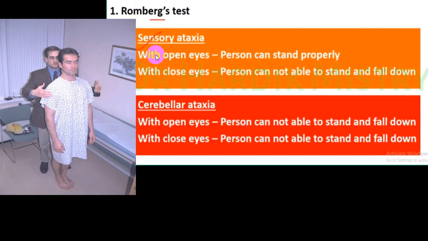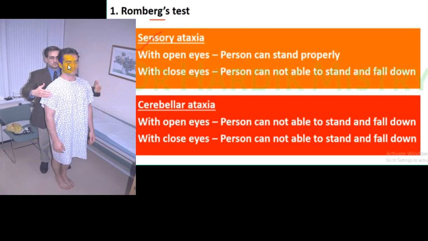Now if a person keeps the eyes open and is able to stand properly, what he does is usually keep the two legs separate. So he will be using a wide base. He will be widening the two arms to increase the area of balance, and he keeps the eyes open and can maintain. But as soon as he closes the eyes and falls, it is classical of sensory ataxia.